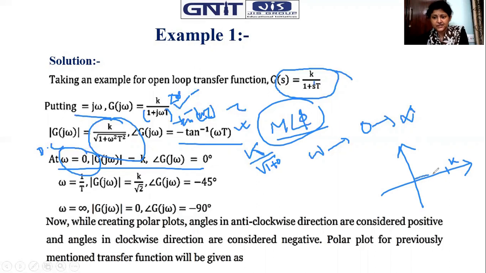That means the distance from the origin to the tip of the vector or phasor. That is basically representing the magnitude. And what we found is the magnitude K. So it is basically nothing but from the origin to that point A, that is the phasor magnitude representing K. Now what is the angle? Angle is 0 degree.